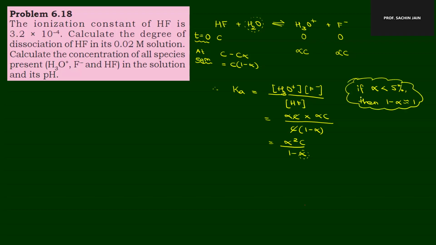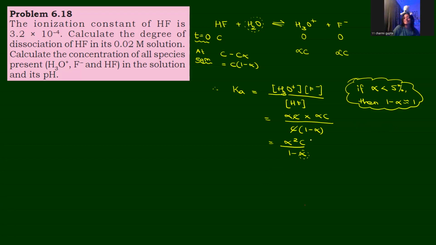In those cases you can ignore the 1 minus alpha term, but if alpha is greater than or equal to 5%, then it will be considered. In that case you will get a quadratic equation and alpha could be found by the roots of the quadratic equation. Is it understood?